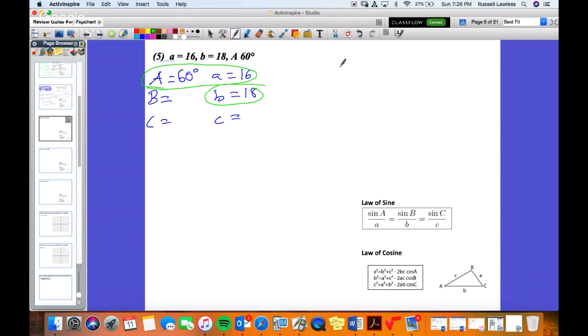That being said, maybe this one is going to be our second triangle, because one was only one triangle, one was no triangle. We'll see if this one is our second triangle. So what we're going to do right here is find that angle by doing the sine of B over 18 equal to the sine of 60 over 16.